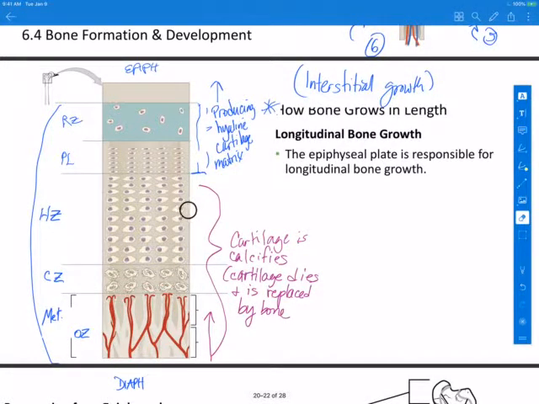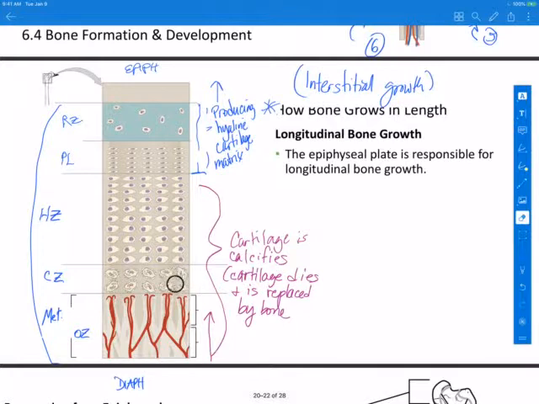Here, we have chondrocytes at the zone of maturation and hypertrophy. These chondrocytes are older and much bigger. You can see that they're much bigger here. They've matured. The zone of calcified matrix is showing chondrocytes, most of which are dead.